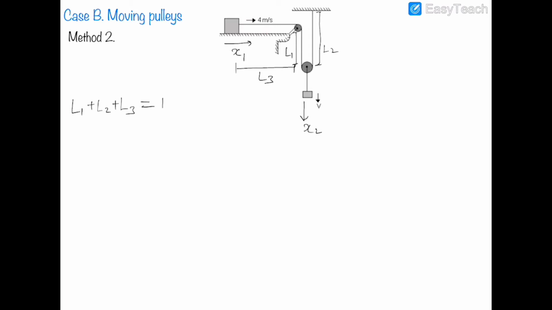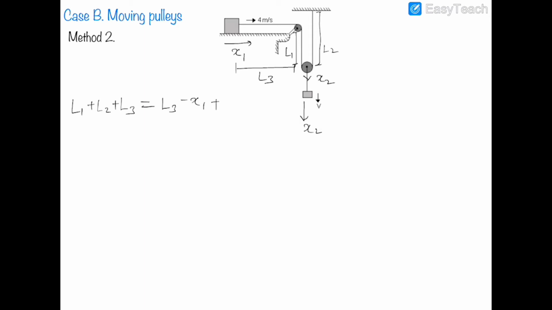Okay, so we have to write L3 minus x1 here, plus now this pulley is at rest, and this pulley is moving downwards, and obviously as this pulley is directly connected with the block, it will be moving downward by a distance x2, same as the block.